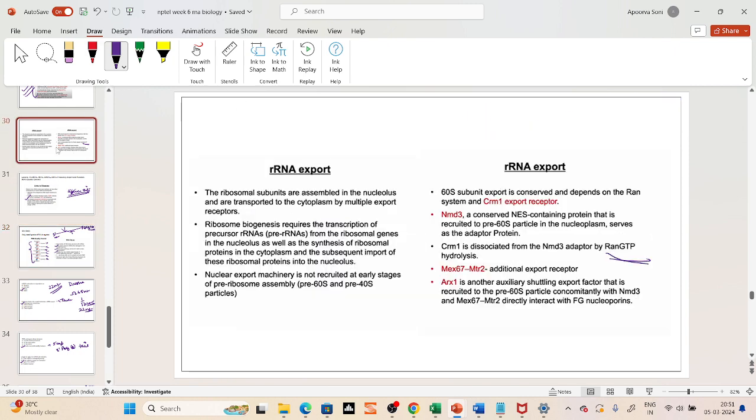You should know the in-depth portion, but you should also know the names of these different proteins and receptors. But as you can see from the question, they ask you logic rather than the name of the conserved NES containing domain that is recruited in RNA export. They will not ask you to recall the names of these different proteins. You should know the concept and the logic behind it, right?